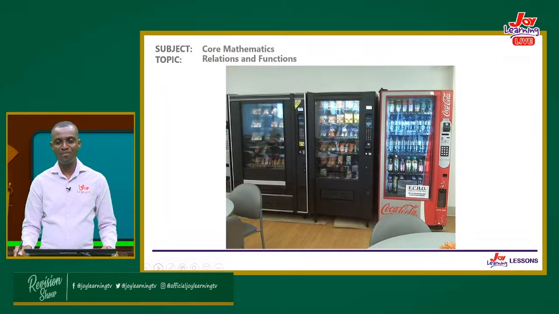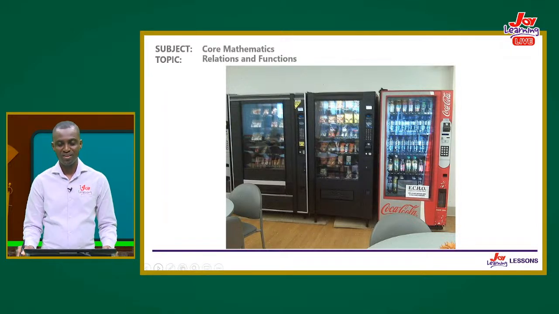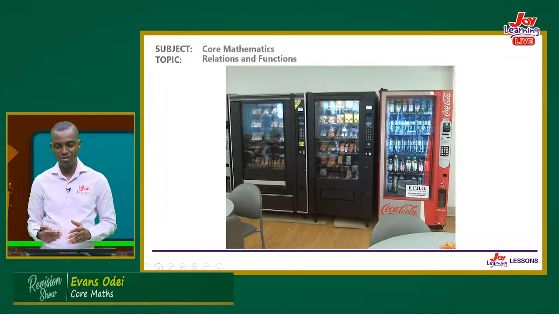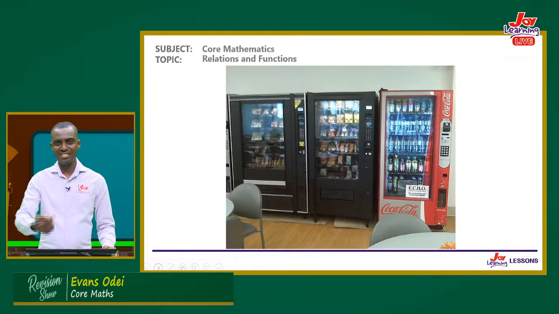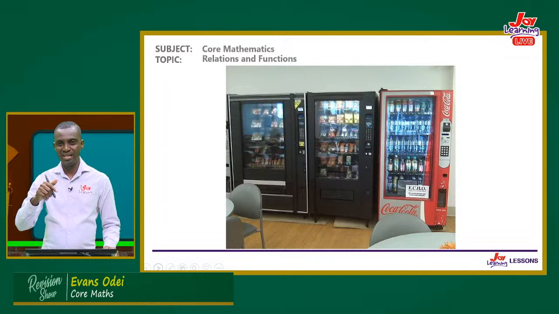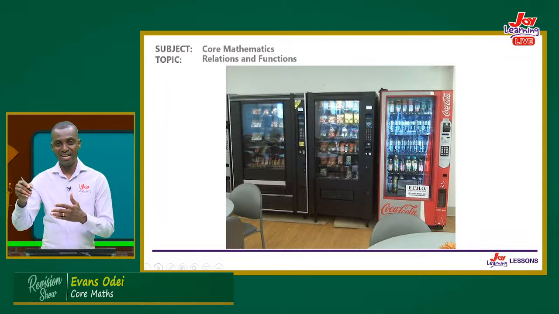So a typical example of a function is a vending machine. Now in a vending machine, we have the input and we have the output. The machine serves as a relation or a function. The machine accepts input by you putting in a coin or a particular denomination which has been defined.